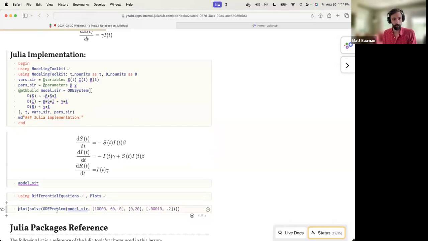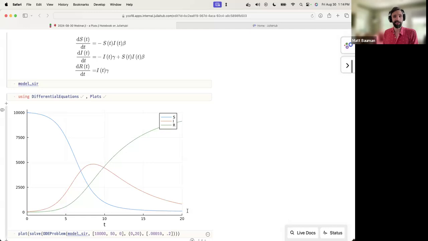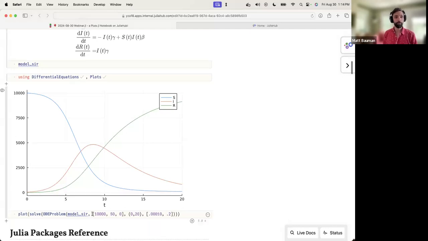You wrap it into an ODE problem. And the things that I'm putting in here are the initial values of our three populations. So again, they're in order that I defined them, S, I, R. So if I have a population of 10,000 people, 50 of whom are infected, nobody's recovered yet, and we want to say 20 days, right?